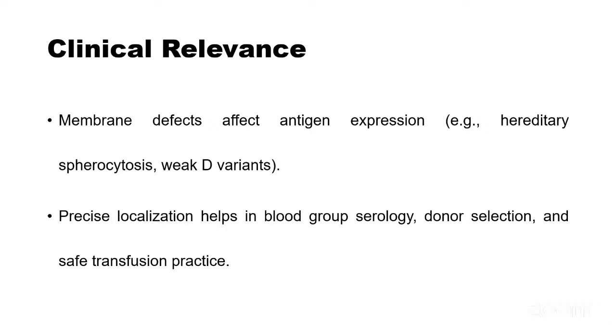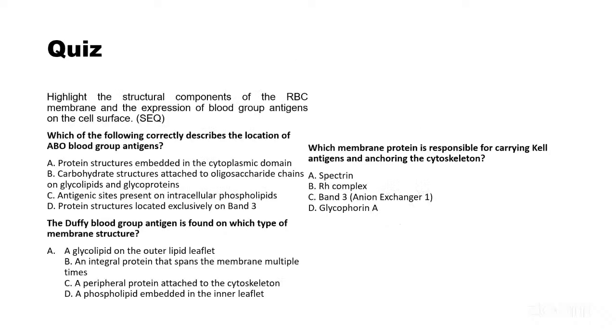Precise localization helps in blood group serology, donor selection, and safe transfusion practice, because it is going to help us detect the blood group of a particular sample. And the last slide is just the quiz, because I don't want us to go without practicing.